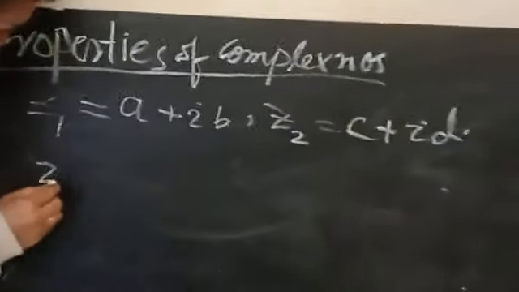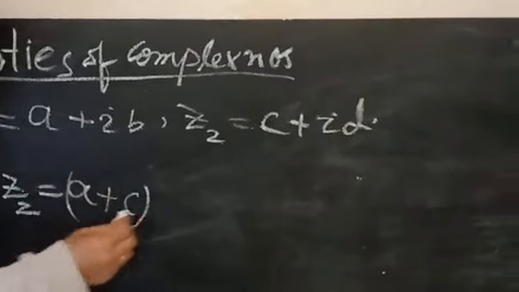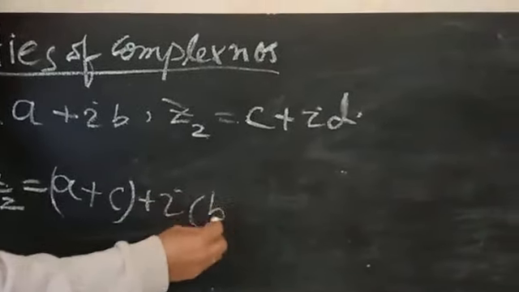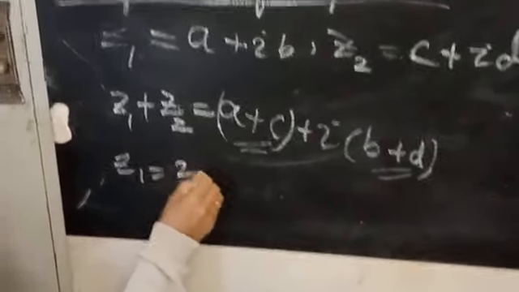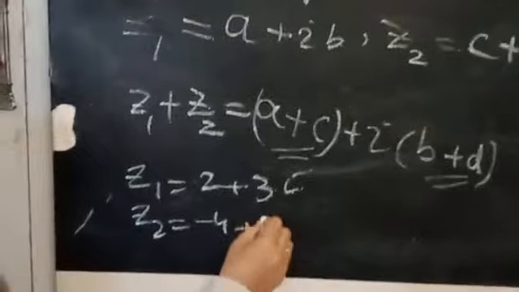Then z1 plus z2, the sum of two complex numbers, will be equal to a plus c plus iota into b plus d. That is, we will add real part to real part and imaginary part to imaginary part. For example, we have z1 is equal to 2 plus 3 iota and z2 is equal to minus 4 plus 5 iota.